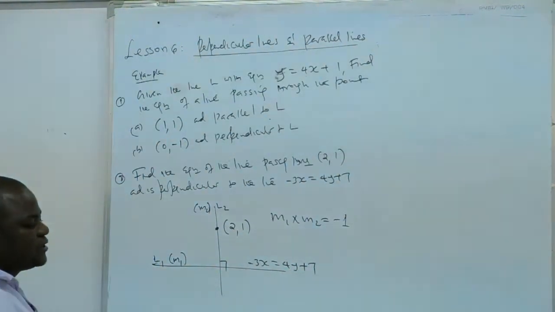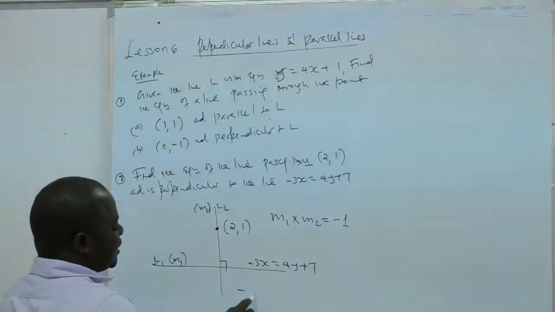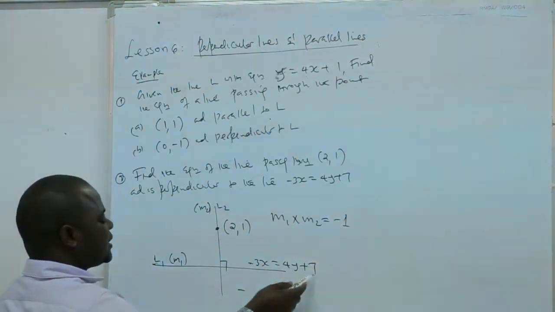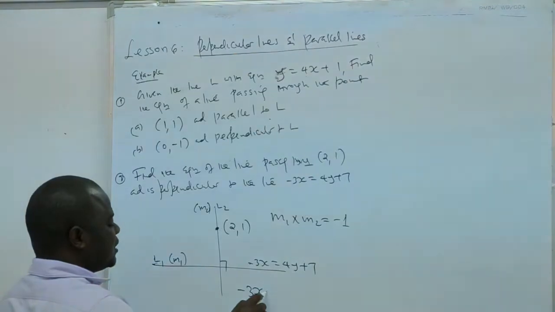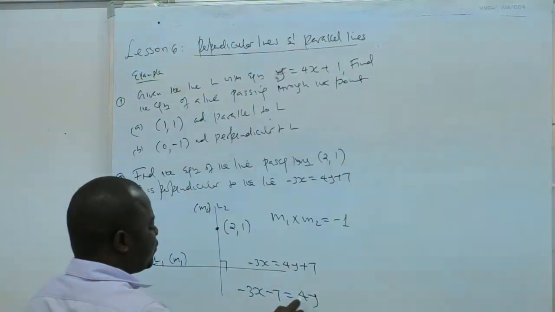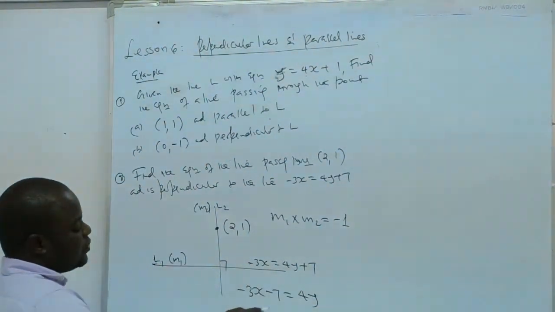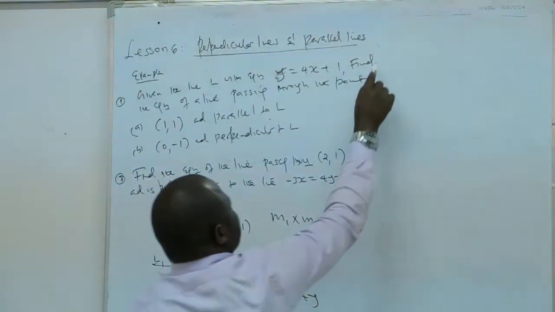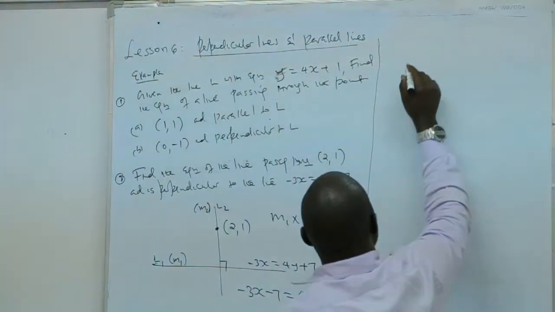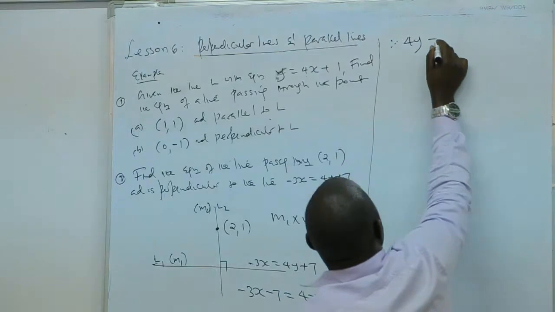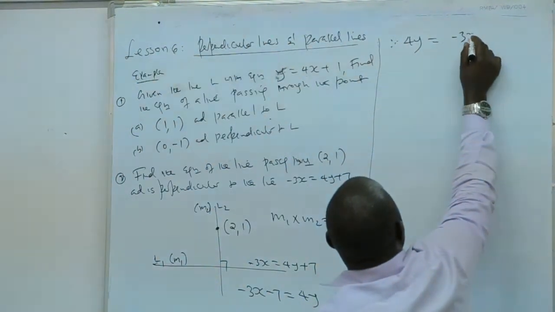So rearrange that equation to come up with the gradient m1 of the line. So we shall have, bring this side, so you get this, then minus 7 equals 4y. Bring 7 this side. So when you write it like that, you are safe. So you will have, therefore, 4y equals negative 3x minus 7.